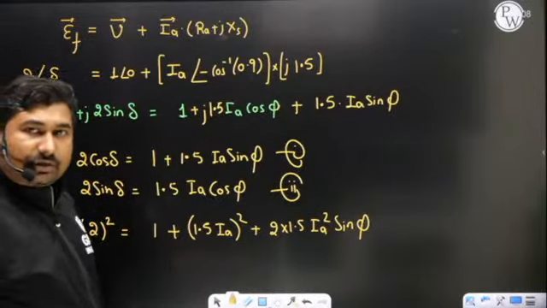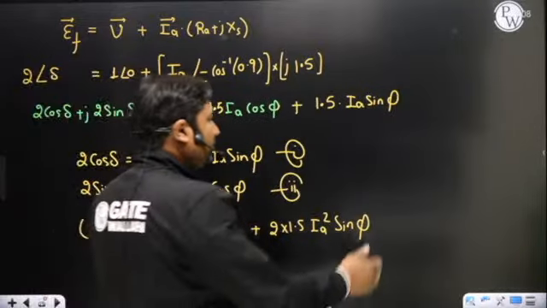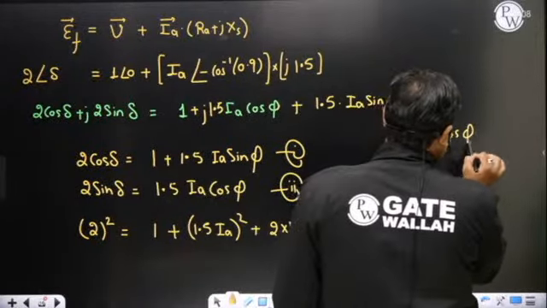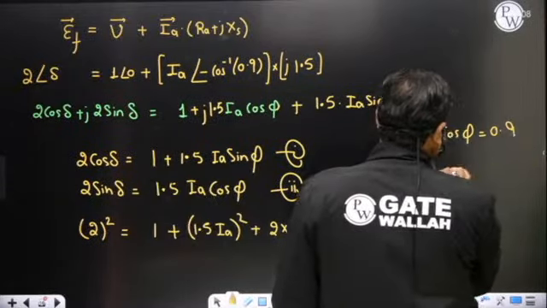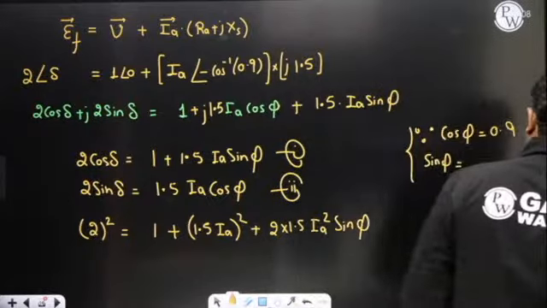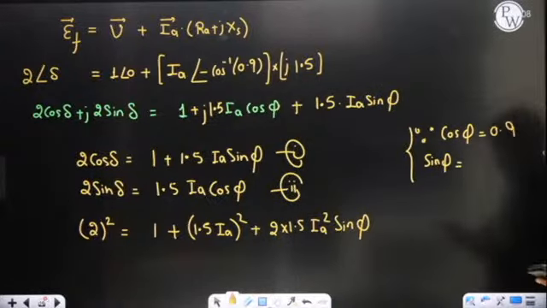Cos phi is 0.9, so what is the value of sine phi?